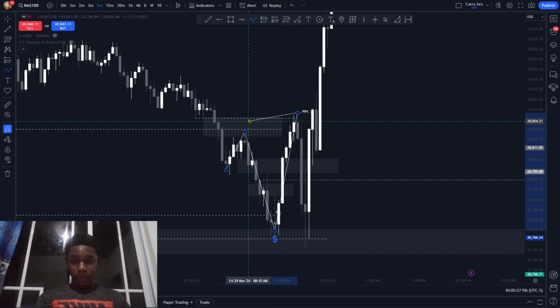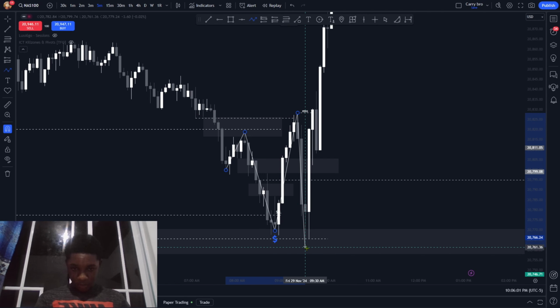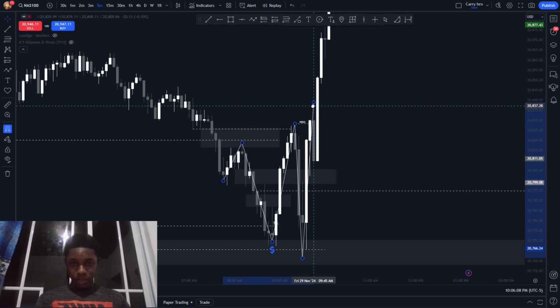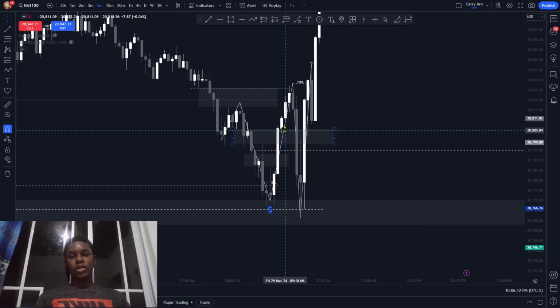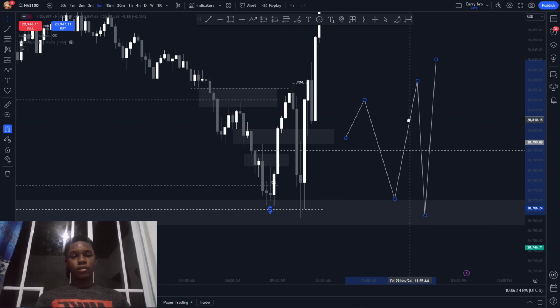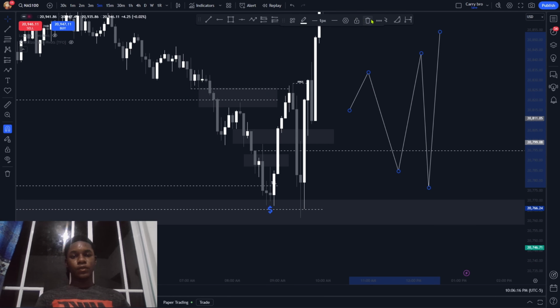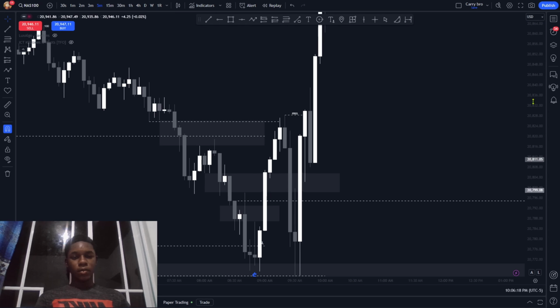Because of us respecting selling pressure, I would not have taken it. We sweep price again and then displace to the upside, and that is our market structure shift.